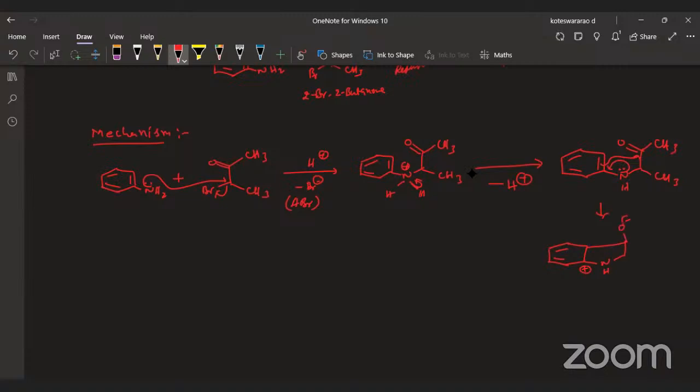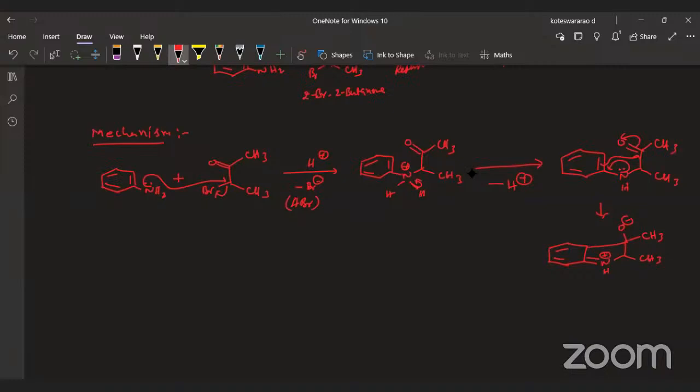This is the O minus, because once you donate these electrons to this carbonyl carbon, the electrons move to oxygen. Therefore, it carries a negative charge. Here the CH3 group is there. Here another CH3 group is there. So this positive charge will be neutralized. Now nitrogen carries the positive charge.